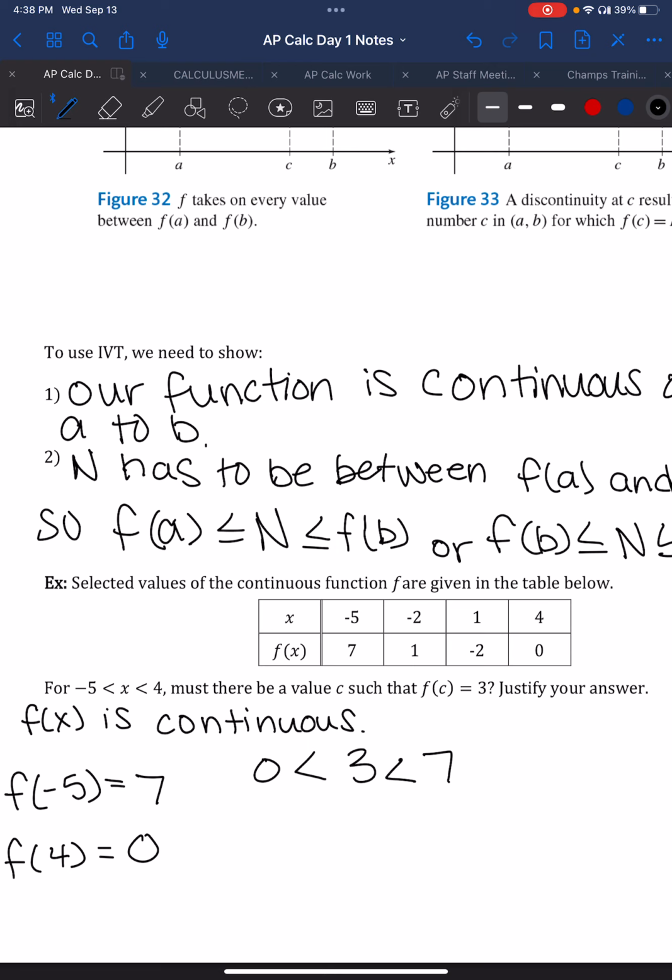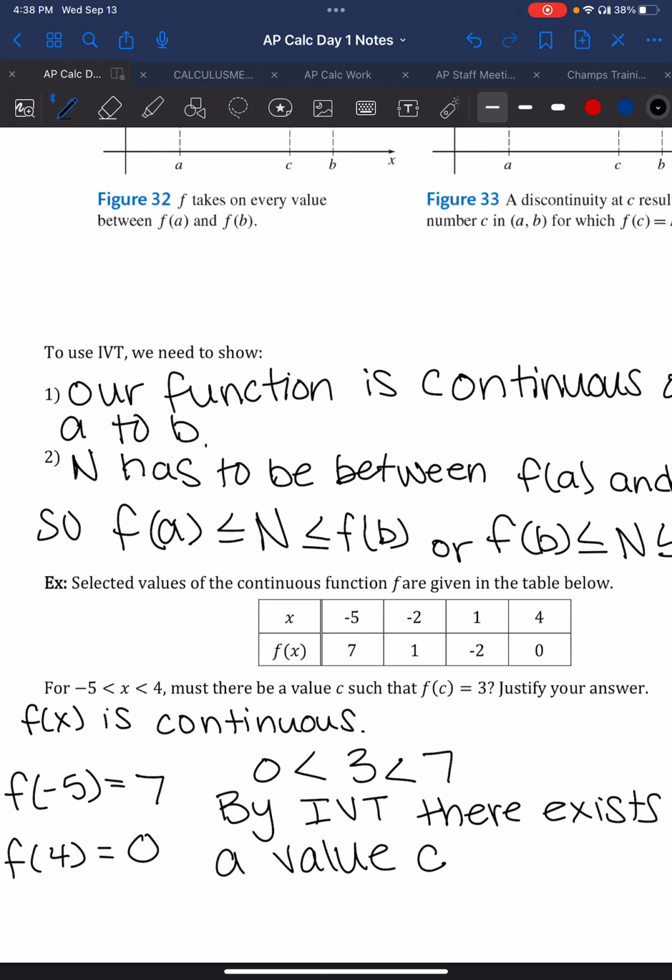So we know by IVT, or by the intermediate value theorem, we know that there exists a value c such that f of c equals 3.